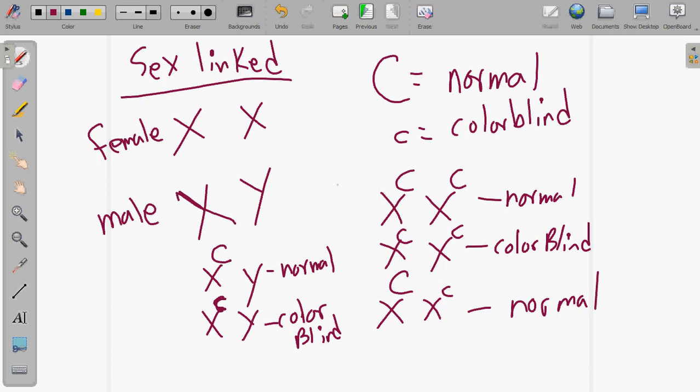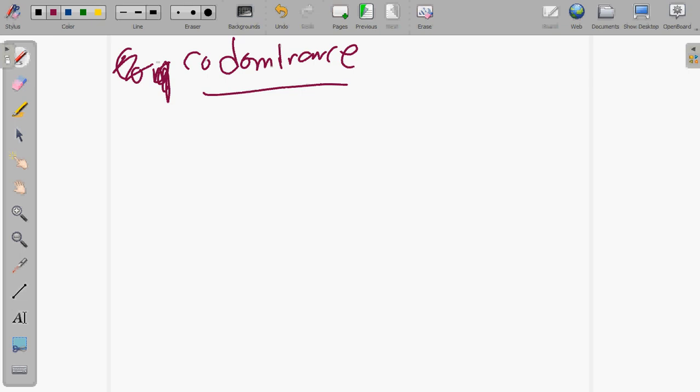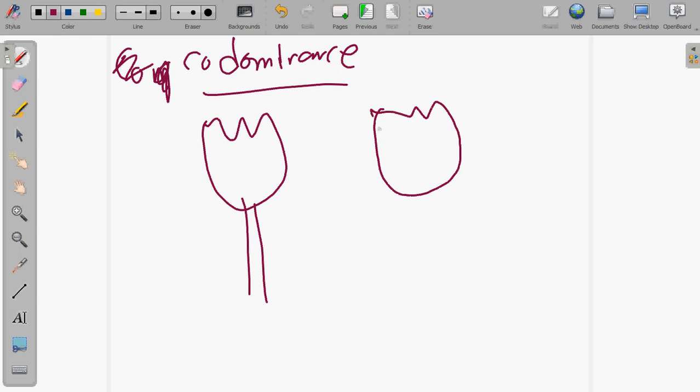Okay, and then we also talked about codominance and incomplete dominance. So codominance is where they both show up. So maybe you have a flower, there's a badly drawn flower, and you have another flower, and let's say this flower is blue.